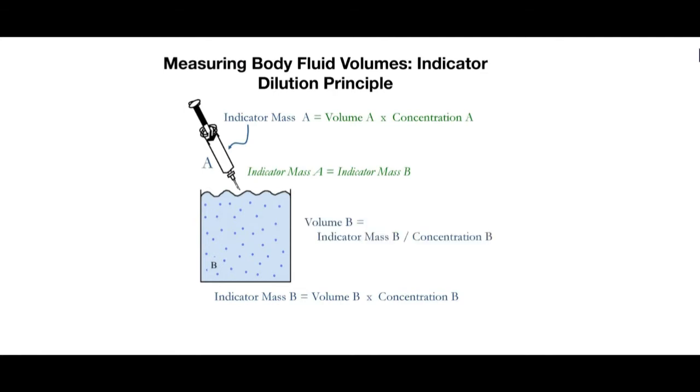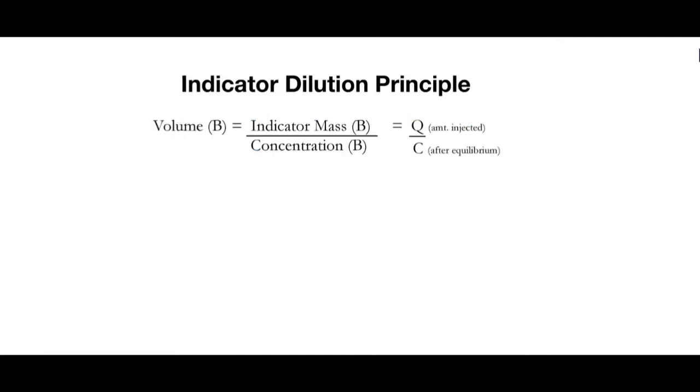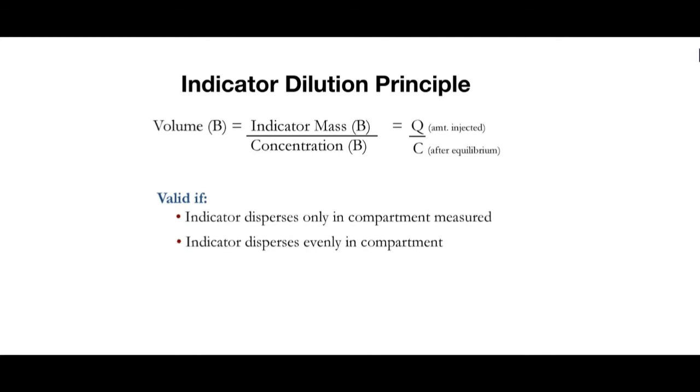So we can use the fact that the mass is not changing in order to figure out the volume in each of those compartments, based on whatever the concentration of that indicator is in the compartment that we're going to measure. There are a few things that we have to take into account, though. This only works if your indicator is going to disperse completely, evenly, and only in the compartment that you're trying to measure.